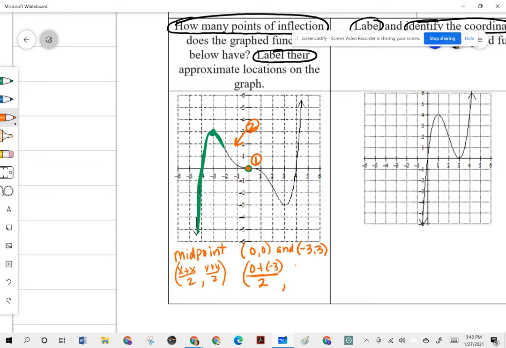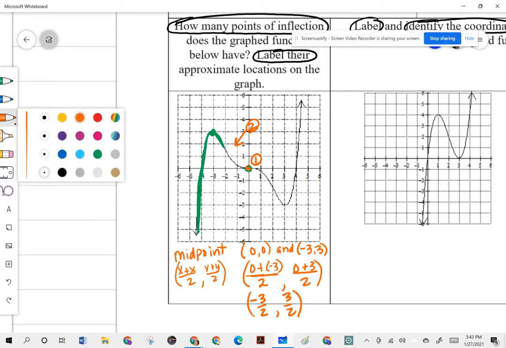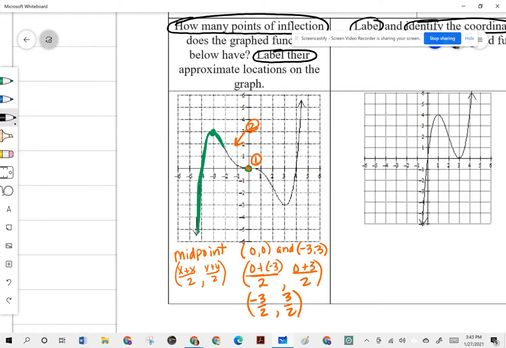And then I'm going to take 0 plus 3 and divide by 2. So it looks like I've got negative 3 halves and then 3 halves. Okay, so if I were to take that point, negative 1.5 and then up 1.5. It's approximate.